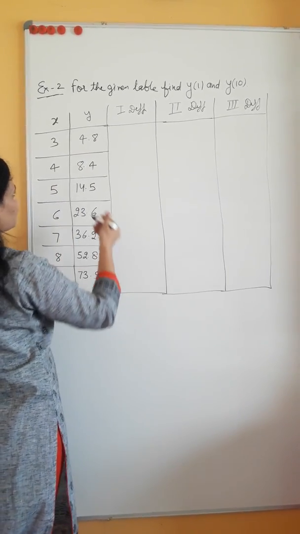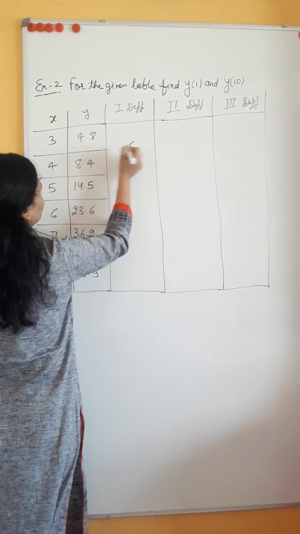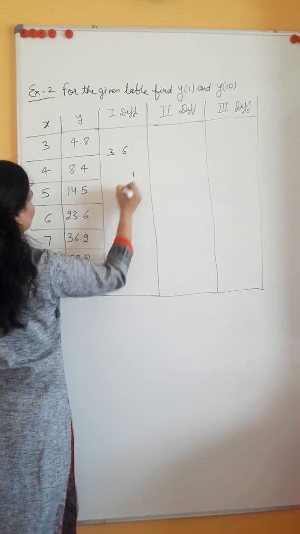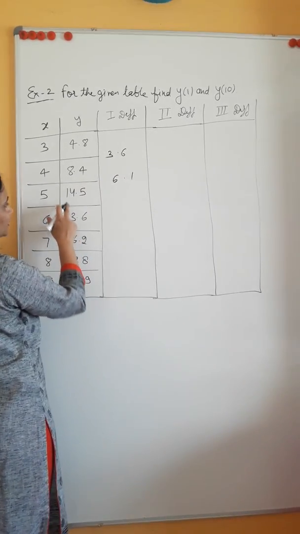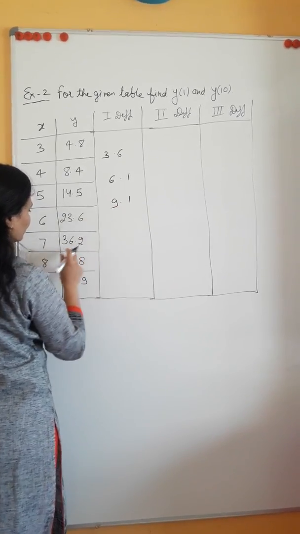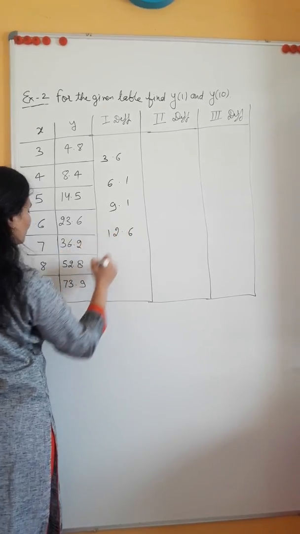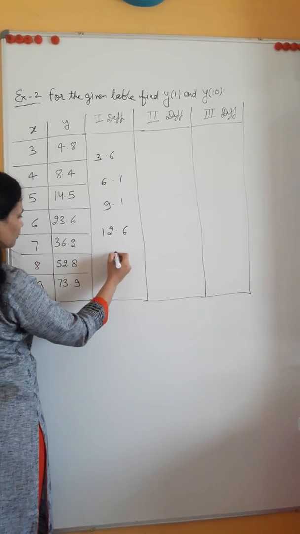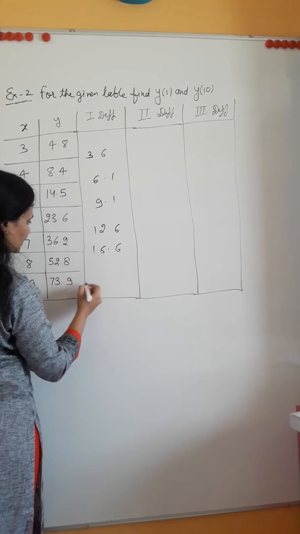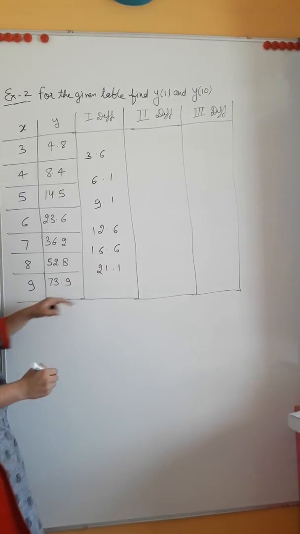So 8.4 minus 4.8 is 3.6. 14.5 minus 8.4 is 6.1. 23.6 minus 14.5 is 9.1. 36.2 minus 23.6 is 12.6. 52.8 minus 36.2 is 16.6. 73.9 minus 52.8 is 21.1. So that is the first difference.